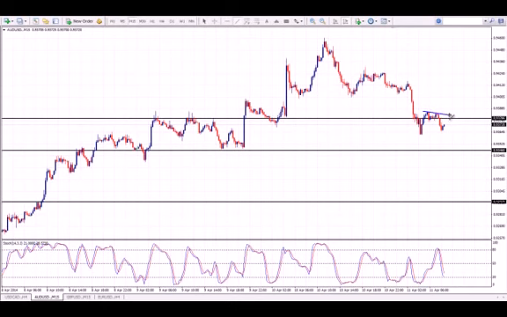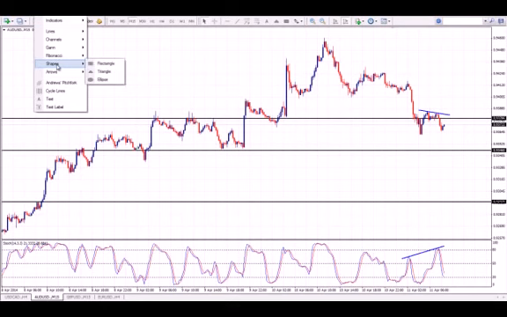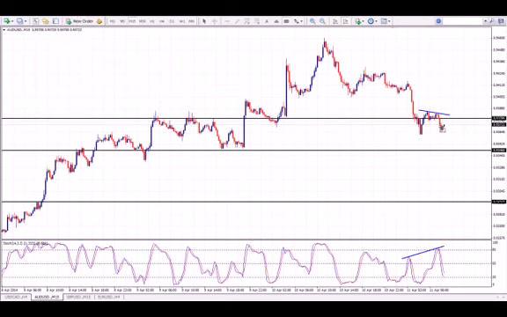Price is making lower highs, and the oscillator is making higher highs. And now what do we got here? We got a dip to the downside after the George Lane bull setup. I think what we have here is a definite bottom of the down move.